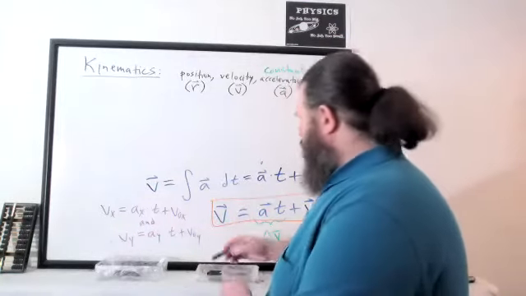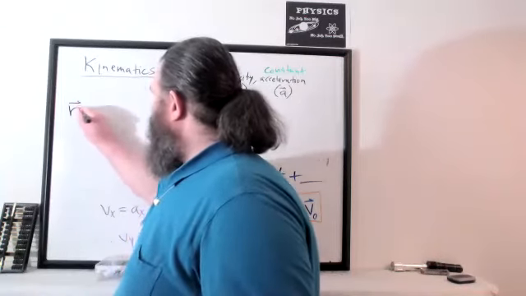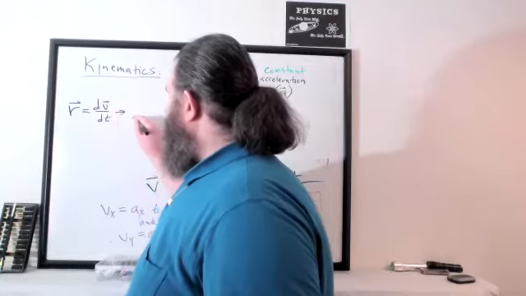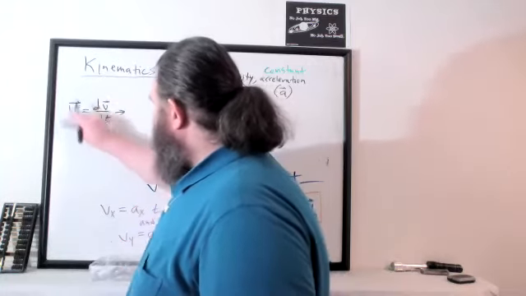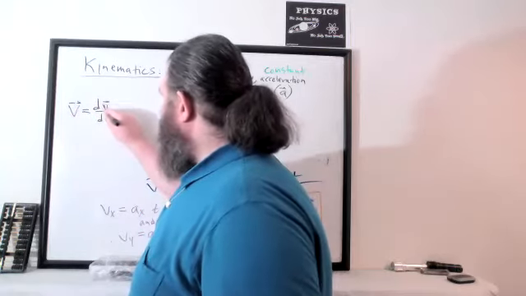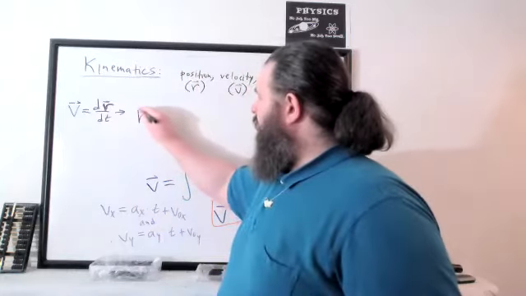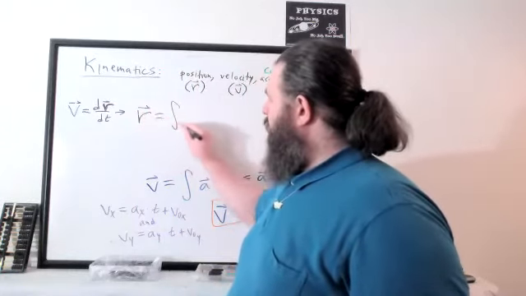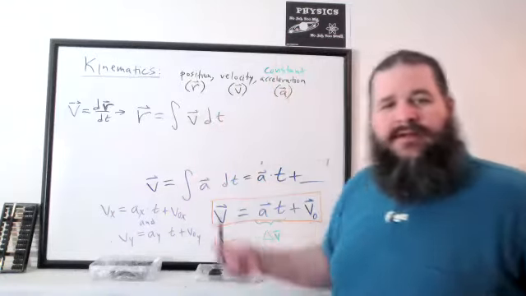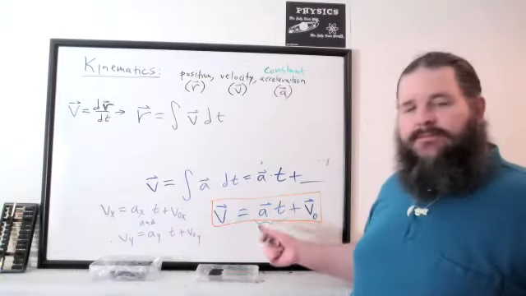If we apply the integral again, velocity is the derivative of position. So we can find the position at any time by integrating the velocity. Position should be the integral of the velocity. And we know the velocity can be found by this formula.